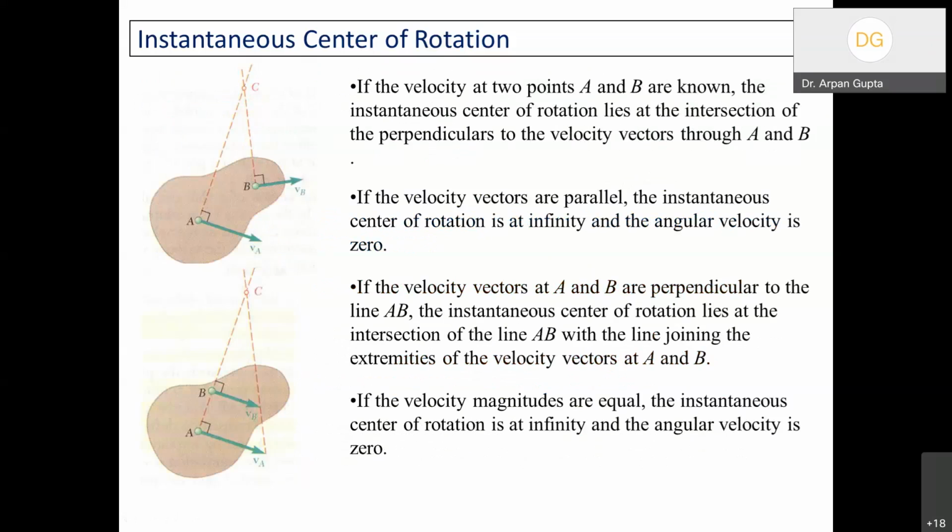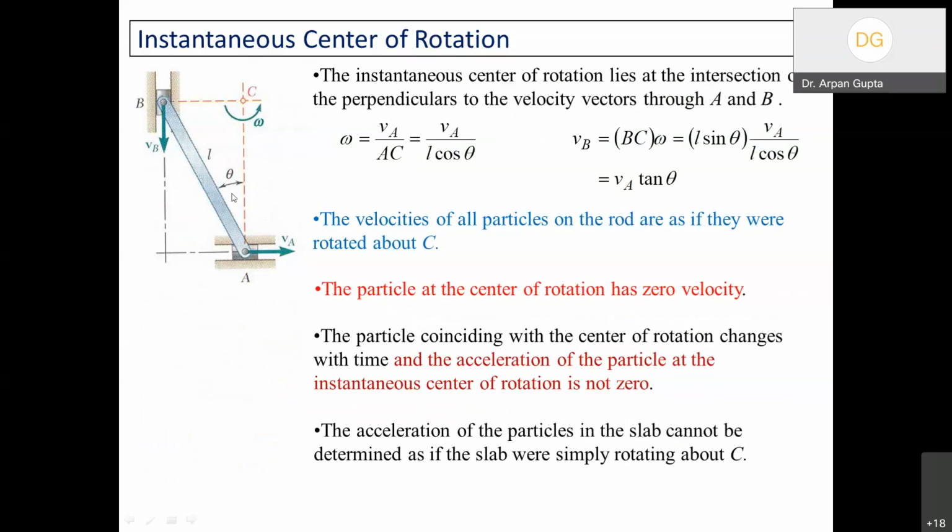Now let us see how we use this concept to solve a problem, and let us go back to the problem that we had seen before. We have two sliders A and B, moving horizontally and vertically. We know the directions of VA and VB. VA is horizontal, VB is vertical.